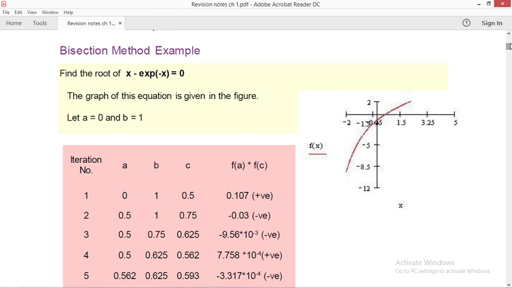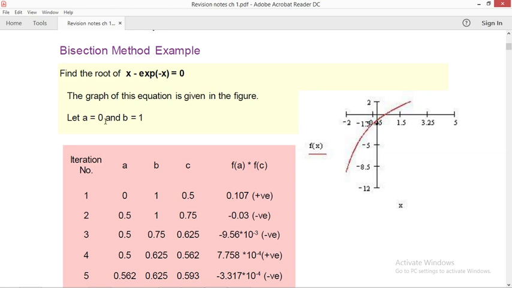Why we do that is because you can see in the graph, wherever the graph cuts the axis, the point before that and the point after that should be either positive and negative. So whenever you achieve a combination of one positive answer and one negative answer, the root is going to lie between that only. Alright, so over here we use trial and error.